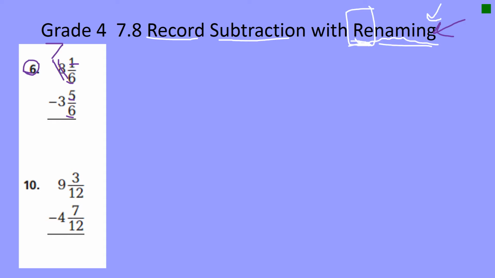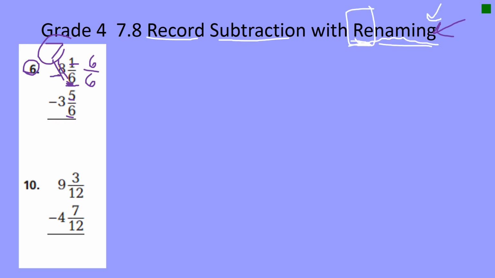We're not going to write that as just a 1. We're going to write it as a fraction because over here we're working with a fraction, aren't we? We can't subtract 1 minus 5, so we want to get some more pieces. How many pieces do you get from one whole thing? You get 6 out of 6 pieces.